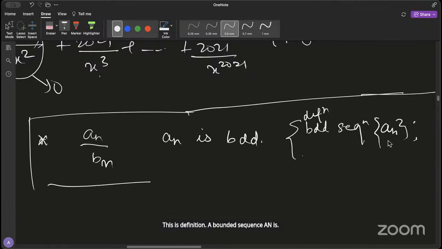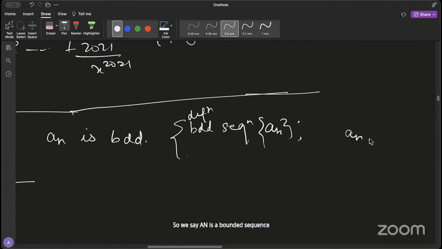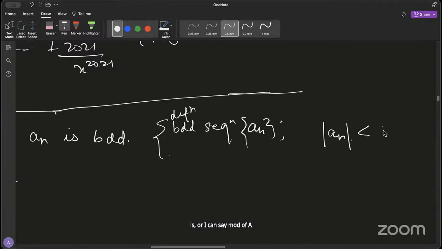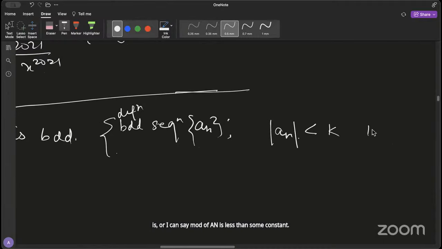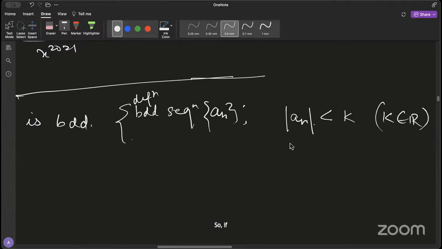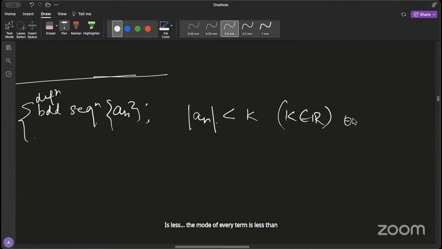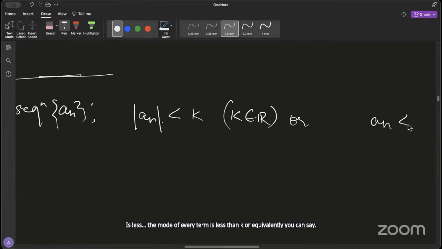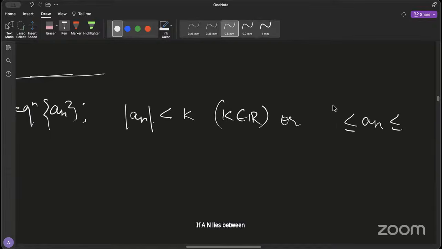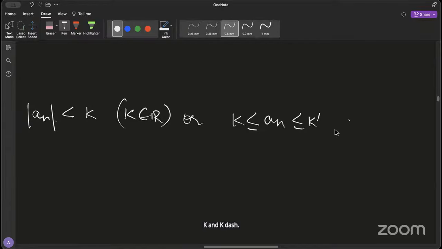We say an is a bounded sequence if mod of an is less than some constant, where this constant is a real number. So if the mod of every term is less than k, or equivalently, if an lies between two constant numbers, let's say k and k dash, where k and k dash are real numbers.